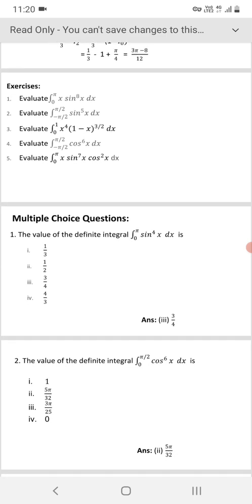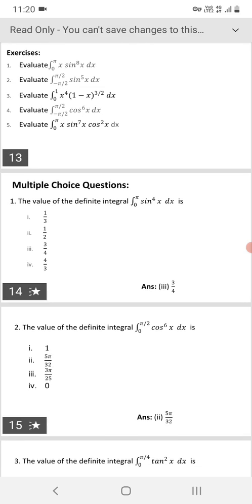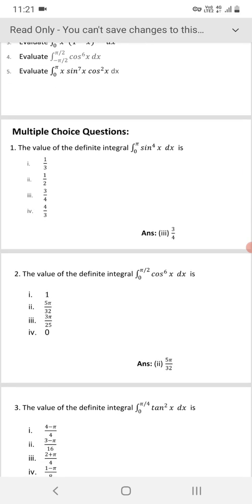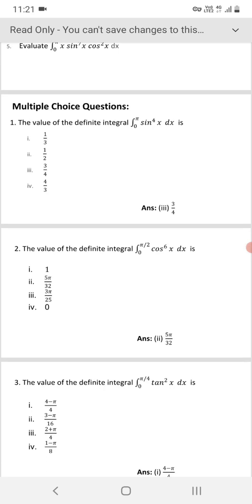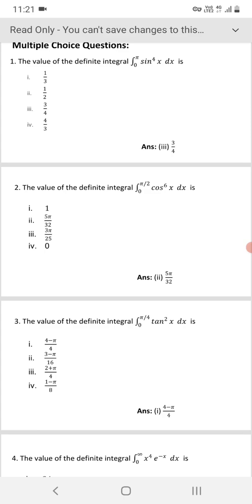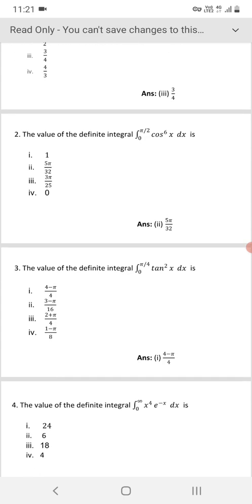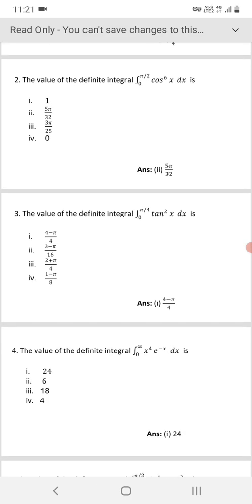The option is 3. And second one, the value of the definite integration 0 to pi by 2 cos 4x into dx. For the solution to this, the option 2. The value of the definite integral 0 to pi by 4 tan square x into dx. For the solution, the option 1.